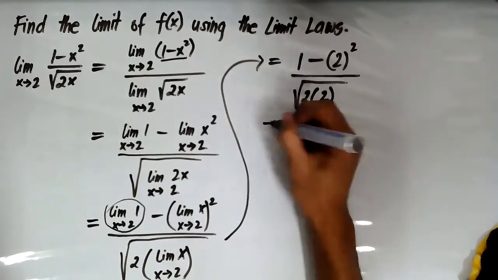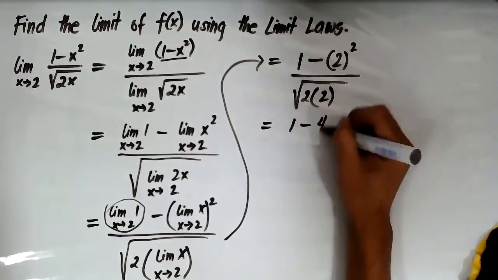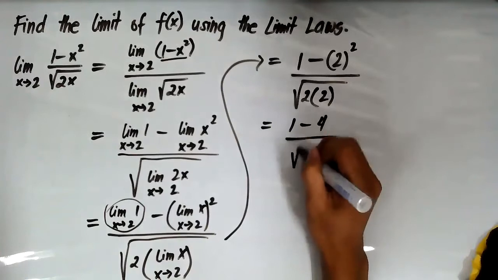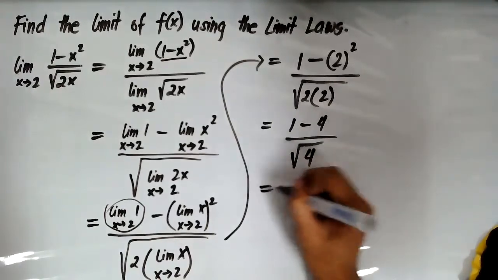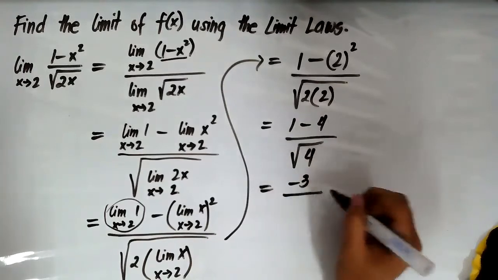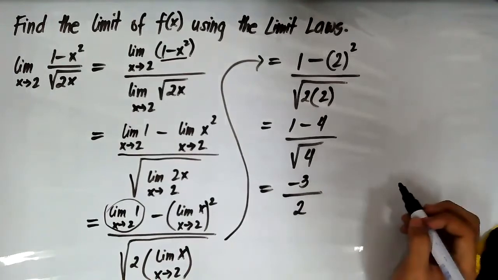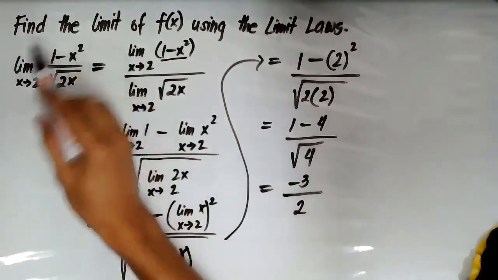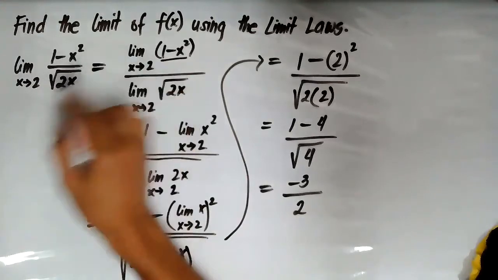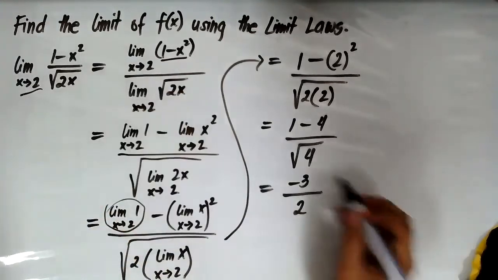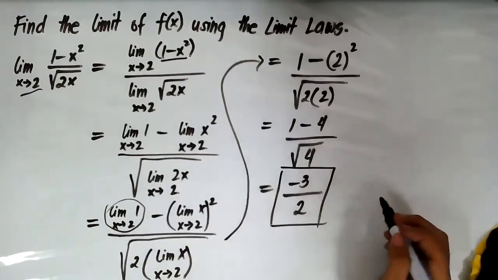So by simplifying the numerator, you have 1 minus 4 all over the square root of 4. And by simplifying this, your numerator will be equal to negative 3, and your denominator will be the square root of 4, which will be equal to 2. So if you get the limit of this function f as x approaches 2, the limit will be equal to negative 3 over 2.